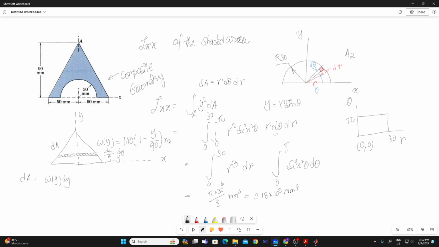Is that so? Is this correct? 100 times 1 minus y by 90. So if I take y equals 0, it is 100, and if I take y equals 90, it is 0. That's all I am trying to say here.